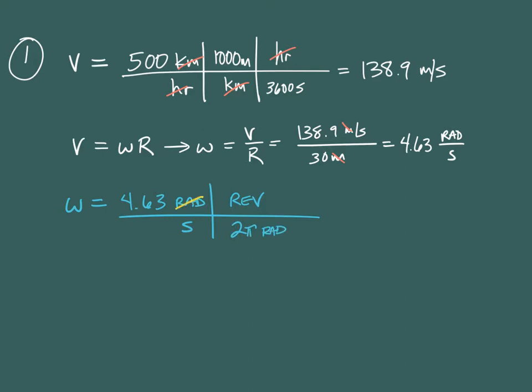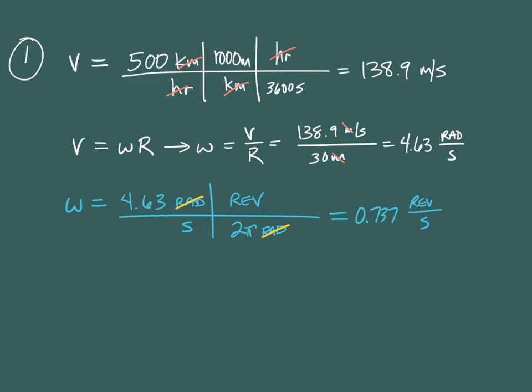Well, that means the radians fall out, and now I have revs per second. And if I finish the math, I get 0.737, I'm sorry, not radians per second. All that trouble, and I went straight back to radians.